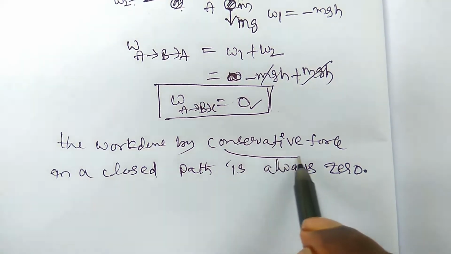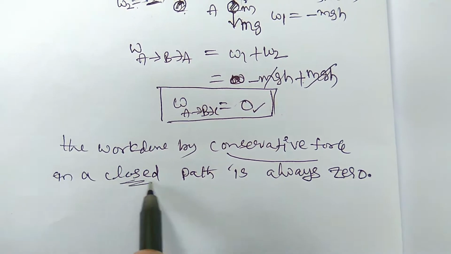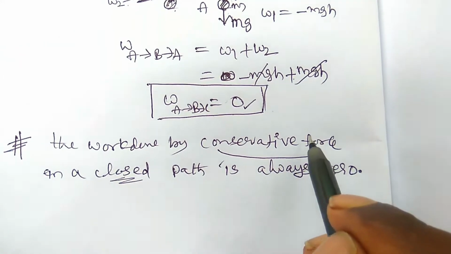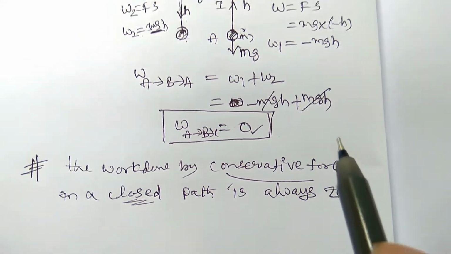The work done by a conservative force in a closed path. This is a very important point. The work done by a conservative force in a closed path is always 0.